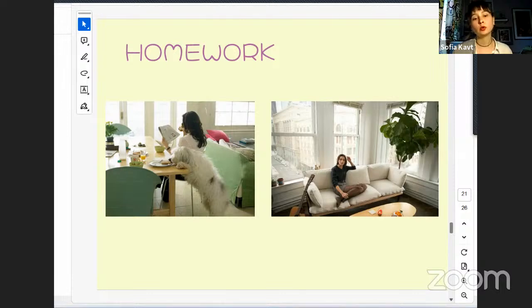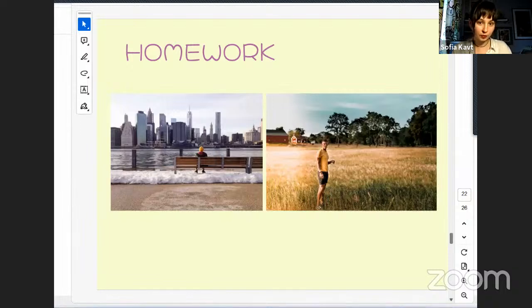Right. So, the topic you're working on with your friend here is pets. And we are comparing the two modes of living with a pet or living without one. The third pair of pictures.